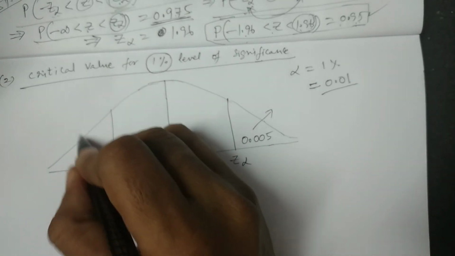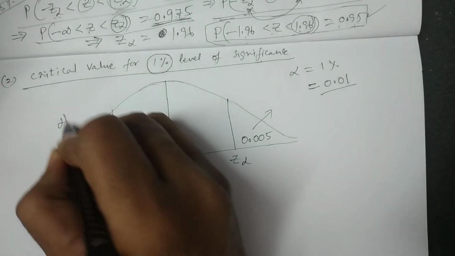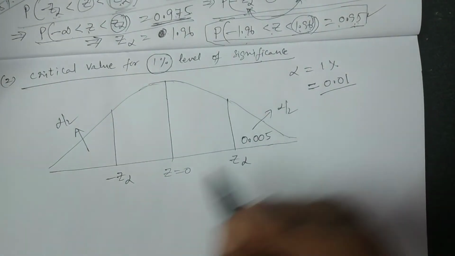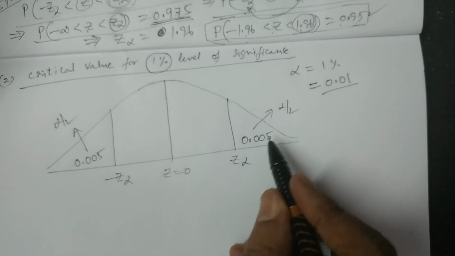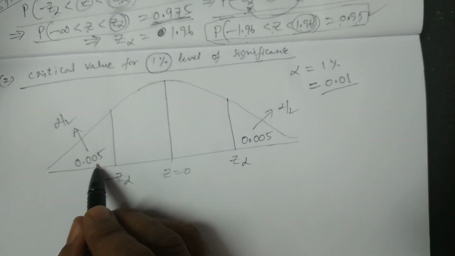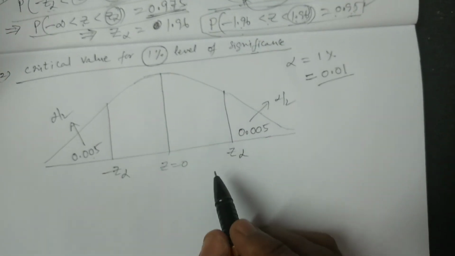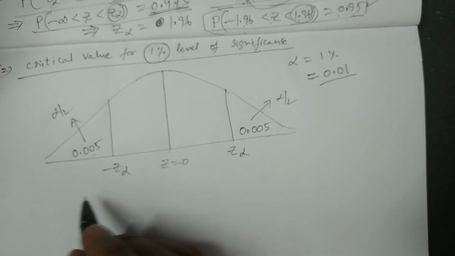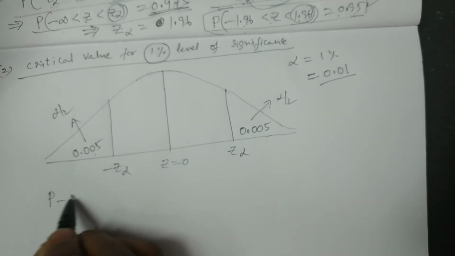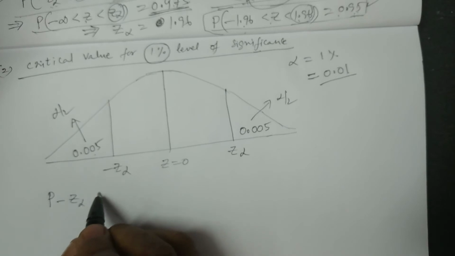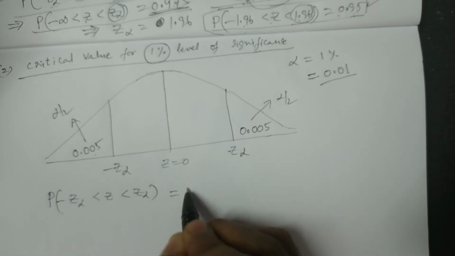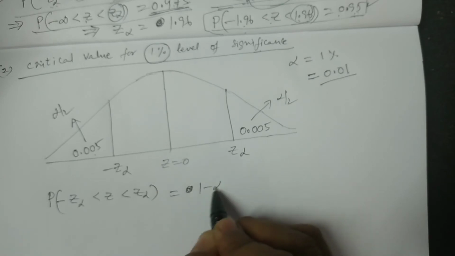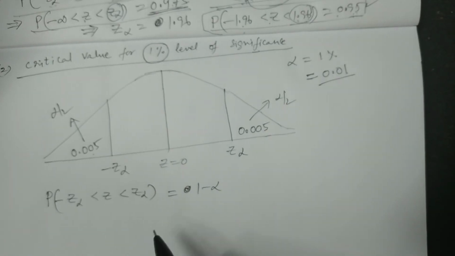This is alpha by 2 and this is alpha by 2, therefore it is 0.005. This is also 0.005. Now which value will you get from the tables? Now I write the equation: probability of minus Z alpha less than Z less than Z alpha is equivalent to 1 minus alpha. This is the basic equation, and I explained the remaining, so I am going directly.